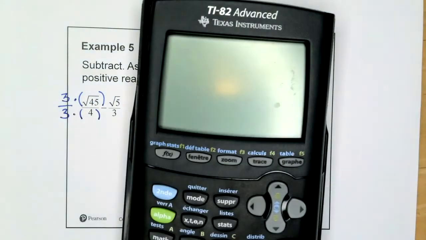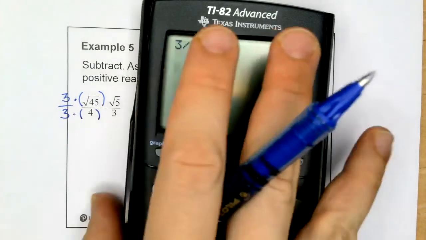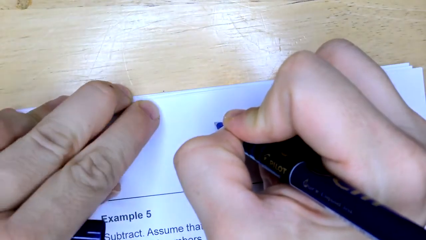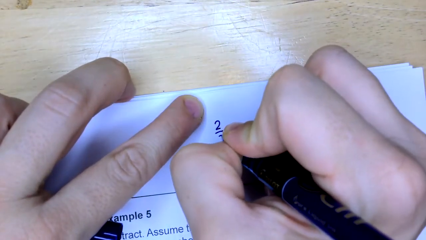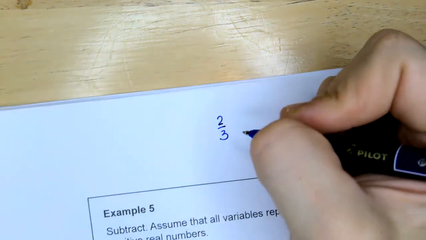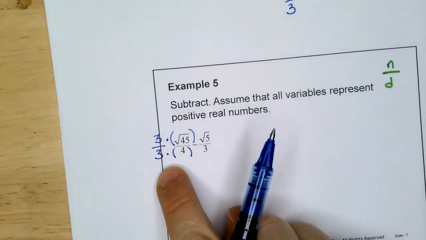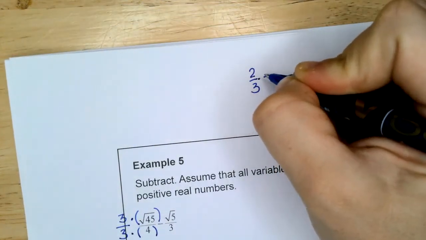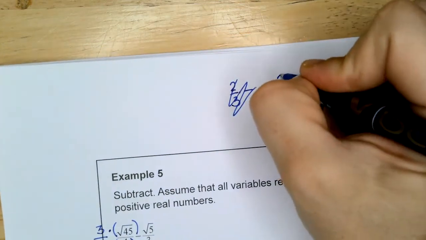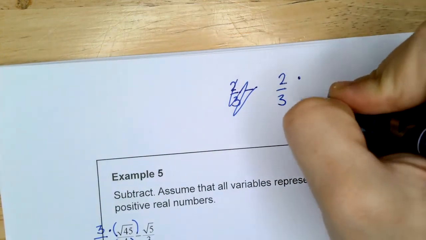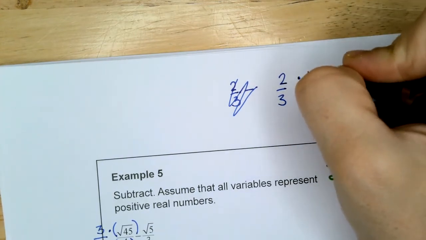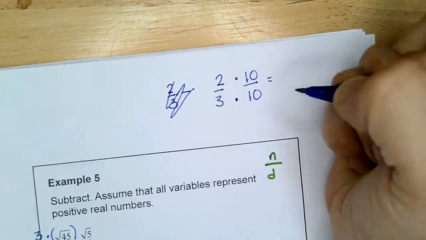Because 3 divided by 3 is 1. So real quick, if I have 2/3, I can multiply that by 3 divided by 3, and I won't actually change. 2/3. If I multiply that by 3/3 or something else like 10/10, I'm not actually changing what it's worth.